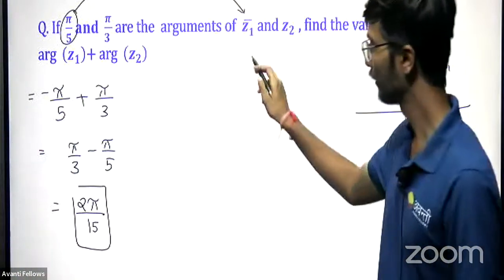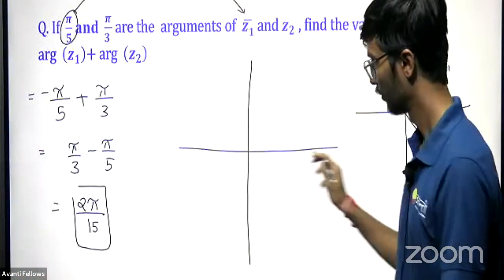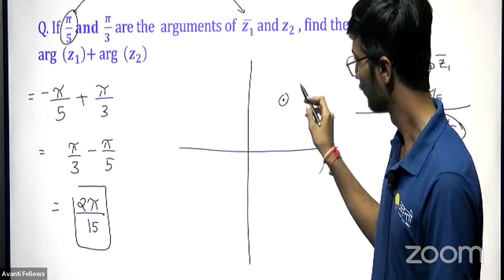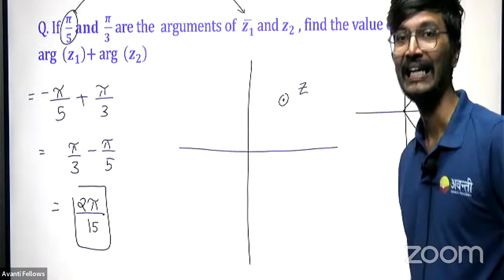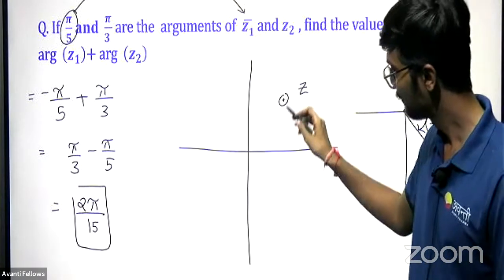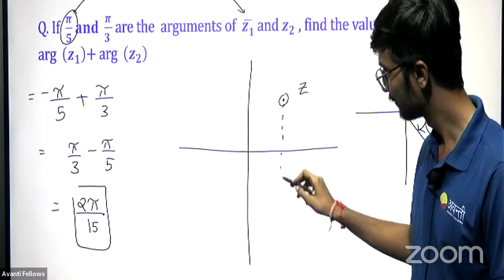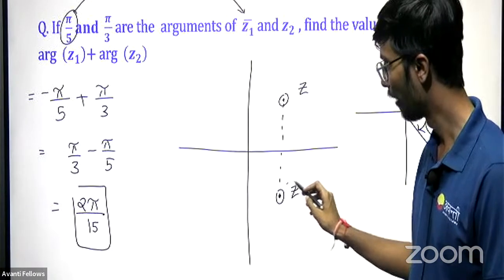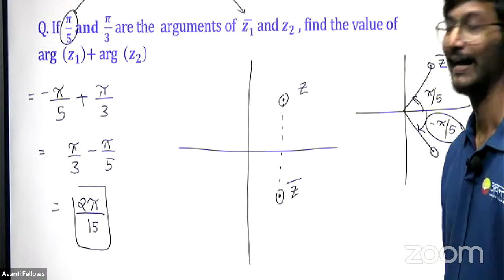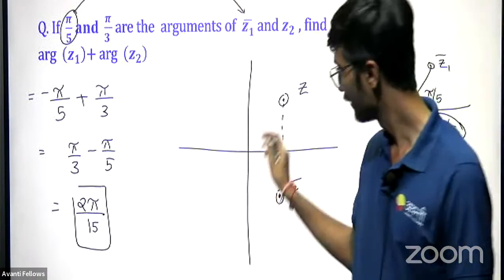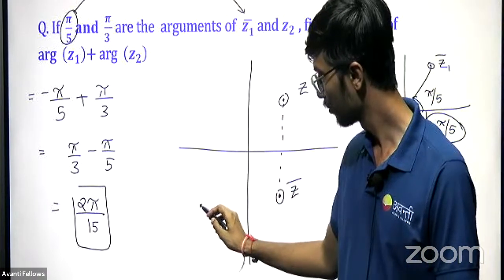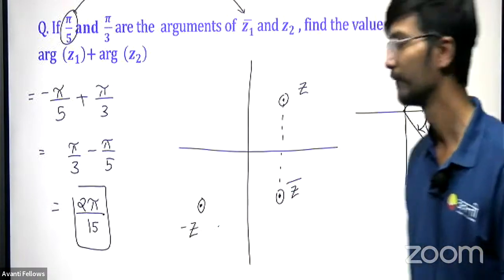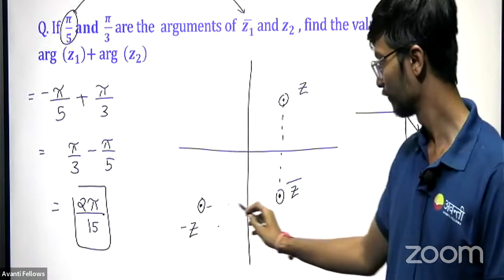If you don't remember it, let me make it clear. Suppose there is a point here, which is z. Then the exact reflection in the y-axis will be a point which is z bar. And the exact reflection in the third quadrant will be a point minus z, which is the reflection of this.